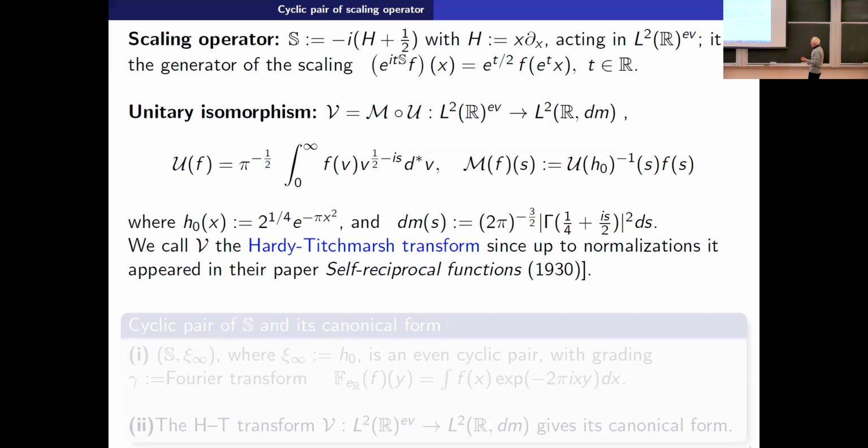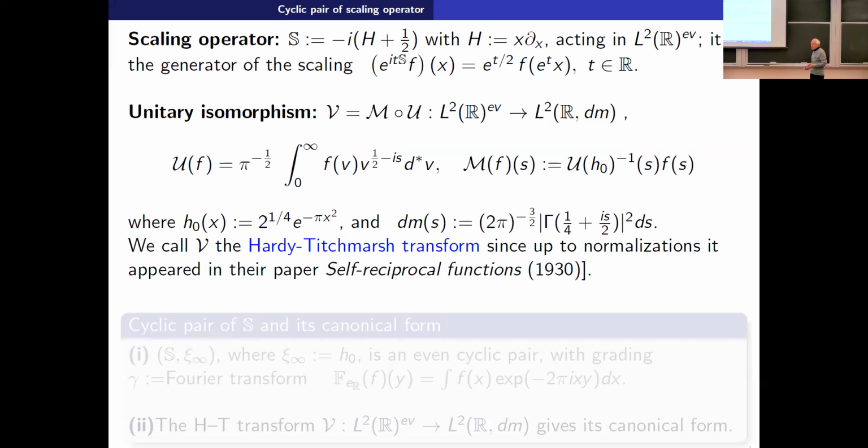After Alan found it, we saw that Hardy and Titchmarsh used this type of transformation. That's why we call the whole thing the Hardy-Titchmarsh transform. In a paper from 1930, they were using it to try to give a characterization of the self-reciprocal functions, self-reciprocal with respect to the Fourier transform.